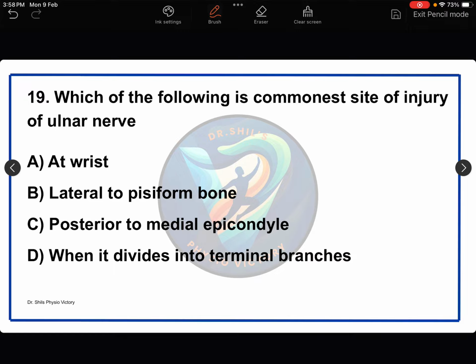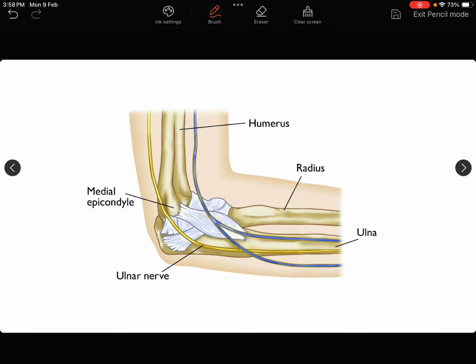Here, the correct answer is option C, posterior to the medial epicondyle. This is the image. This is the medial epicondyle, and this is ulnar nerve. Ulnar nerve runs behind the medial epicondyle. That's why it is also called funny bone.